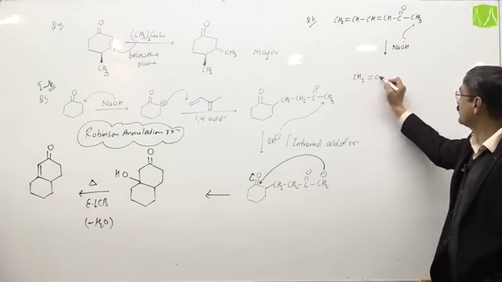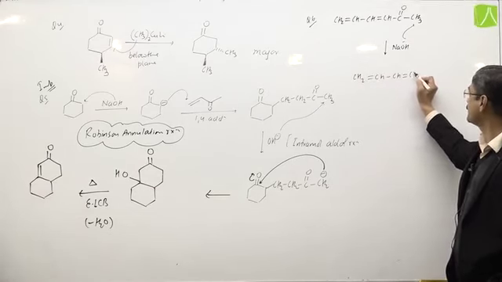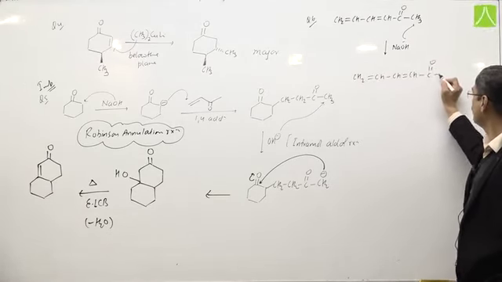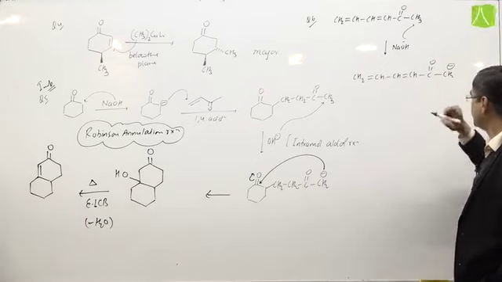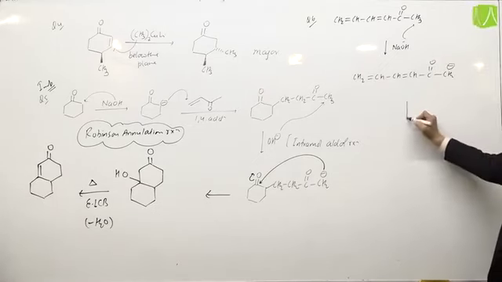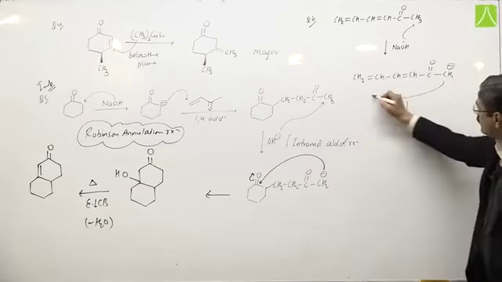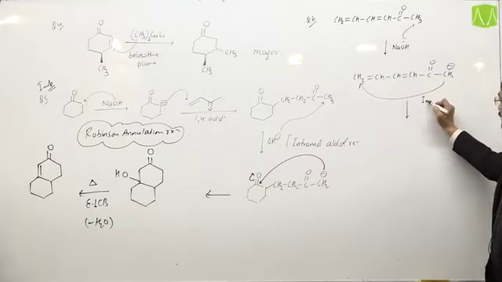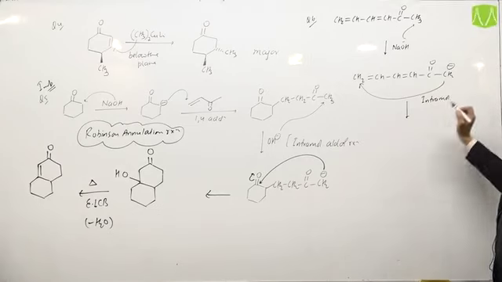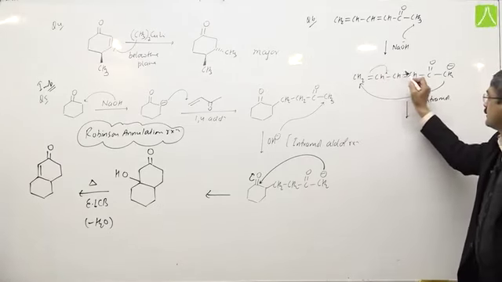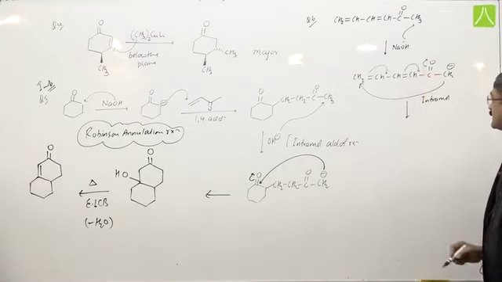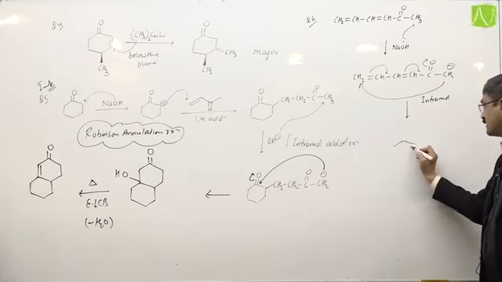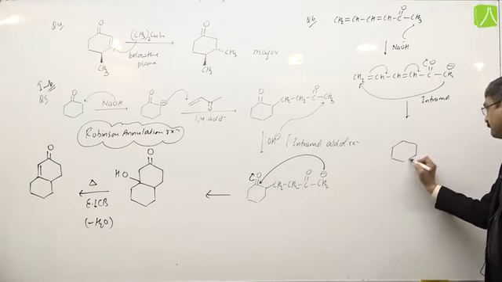So CH2 double bond CH, CH double bond CH, CO, CH2 minus. So in this reaction, intramolecular 1,4 or 1,6 addition takes place. This is intramolecular reaction. So this pi bond is shifted like this. So total 6-member ring is obtained.